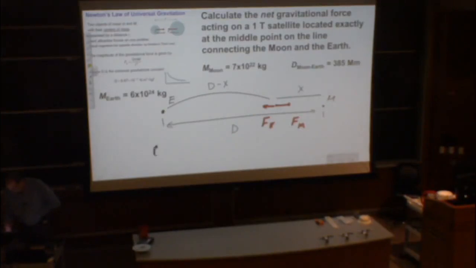Well, the force acting from the Earth on the satellite divided by distance squared must be equal to the force acting from the Moon on the satellite divided by the distance squared.